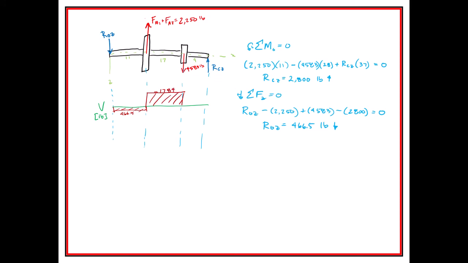And then we add an additional positive 4,583, and what we're left with, or we better be left with, is our 2,800, right? Because this better make this thing go back to 0.